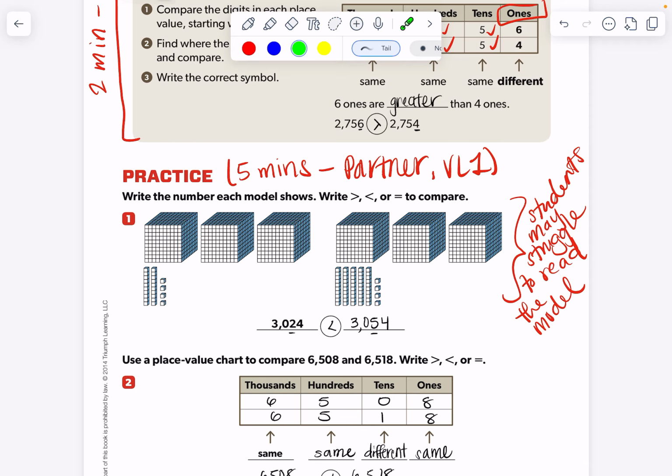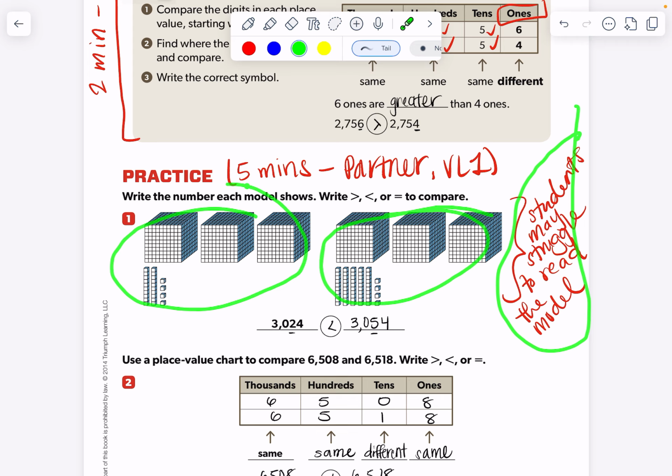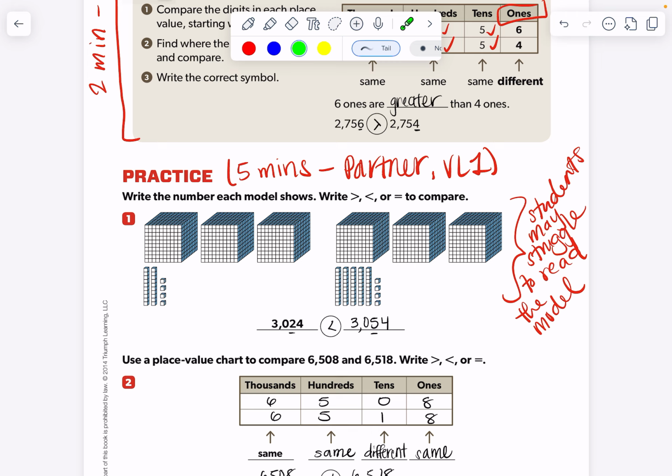From there, you'll launch students into practice problems, about 5 minutes to work on questions 1 and 2. Students may struggle to read these models right here, so you might want to ask them, based on the model, how did we get 3,024?